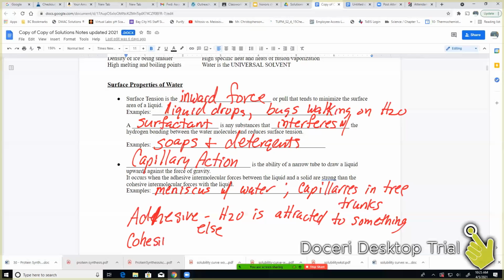Cohesion, or cohesive, means that water is attracted to itself. So you see that with surface tension, why it forms a bubble, because the water molecules are attracted to each other.